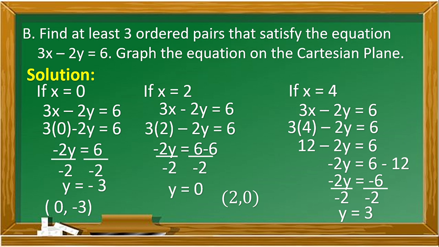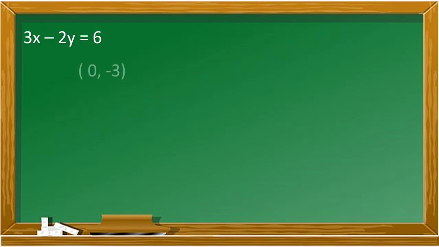Therefore, the ordered pair for this is 4, which is the value of x, and 3, which is the value of our y. Therefore, (0, -3), (2, 0), and (4, 3) are some ordered pairs that satisfy the given equation. Now, let's graph the following points, which are (0, -3), (2, 0), and (4, 3).